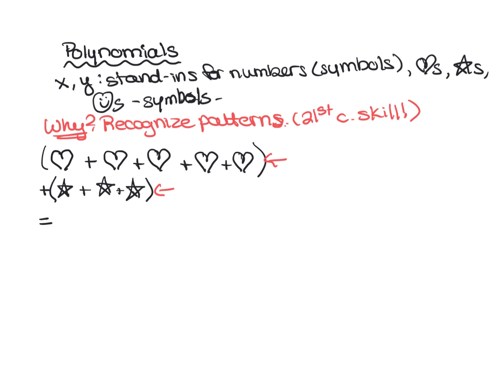So if I decide to add these, the addition just means that I put an addition sign between them. I literally decide to put an addition sign. So I have heart plus heart plus heart plus heart plus heart plus star plus star plus star.